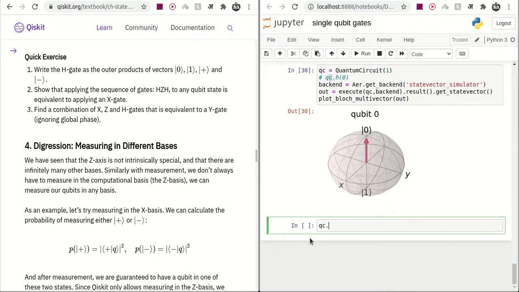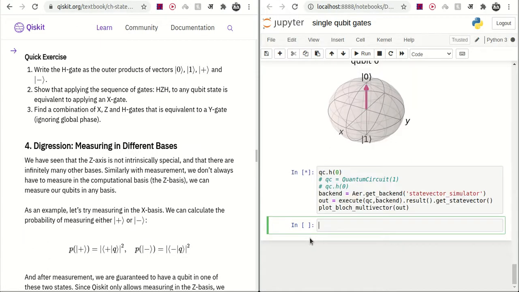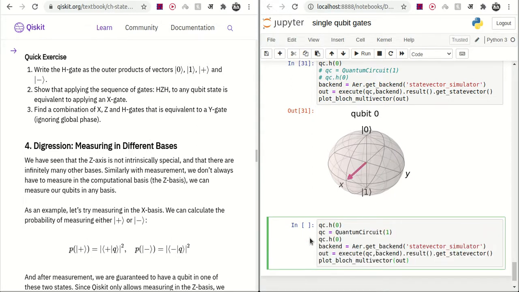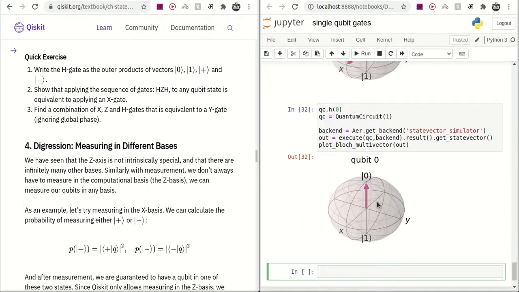So we apply a Hadamard gate. If we apply the gate again, it comes back to the original position.